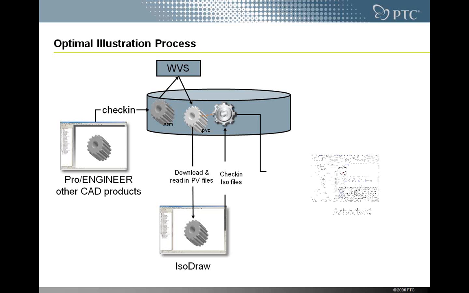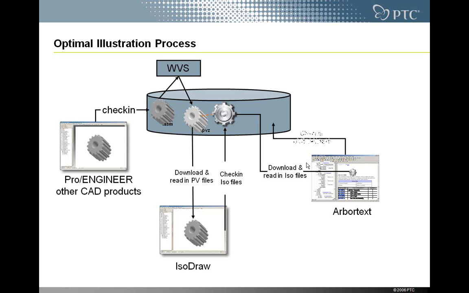Good. We've got those nice illustrations, and tech writers are sitting over there. They just can't wait to put them into their Arbortext documents. So they're consuming them and creating fantastic documentation, and they check them back into Windchill.